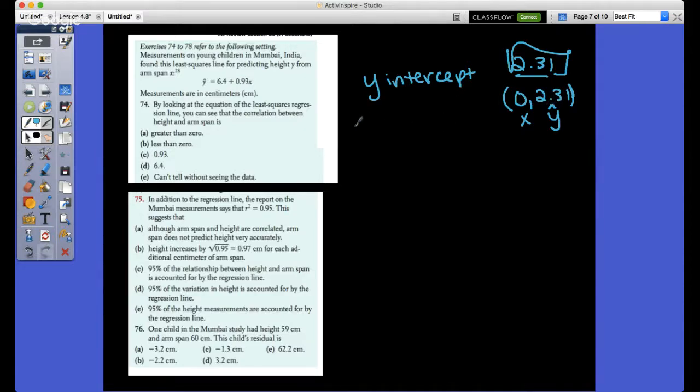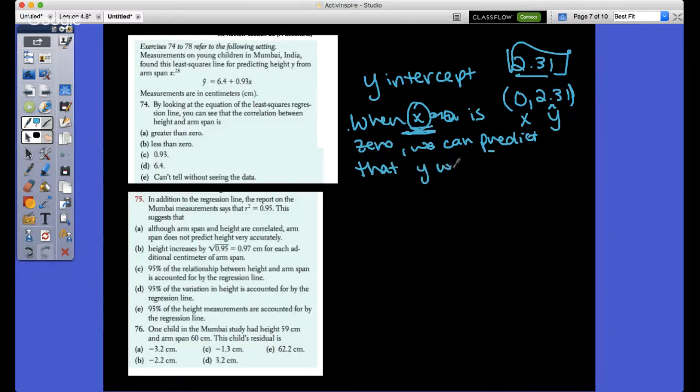So what we would say is, when x equals 0, whatever x is, we can predict that y will be, and make sure we put context here, 2.31. Again, this depends on context, but that's really what we're looking for with all of these interpretations.